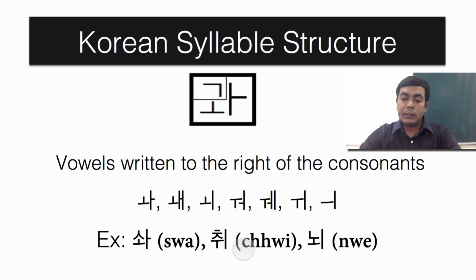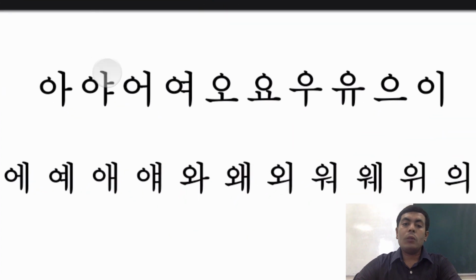So if you see these examples, you can see how the consonant is placed in the middle, and the vowel just surrounds them by two sides.